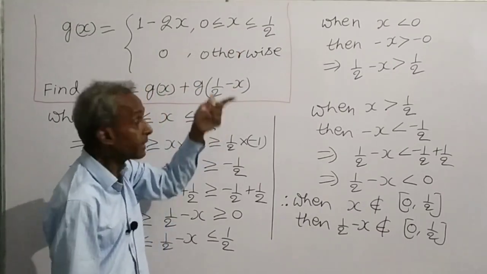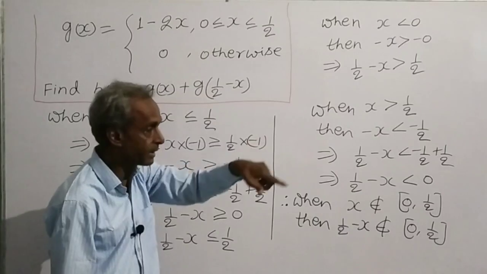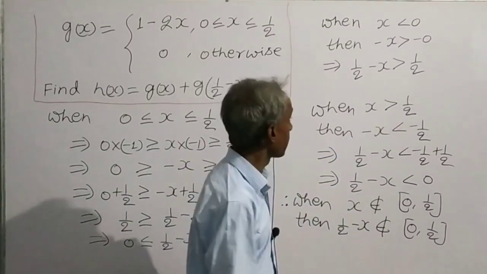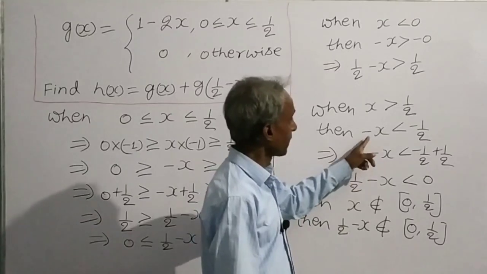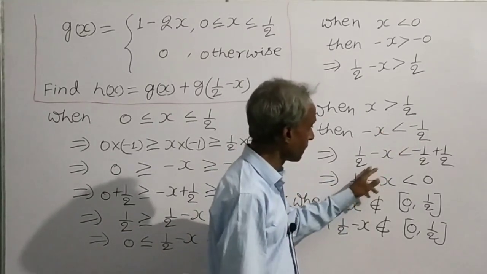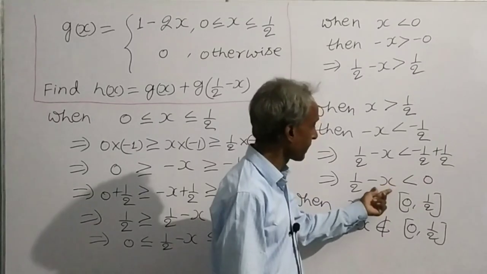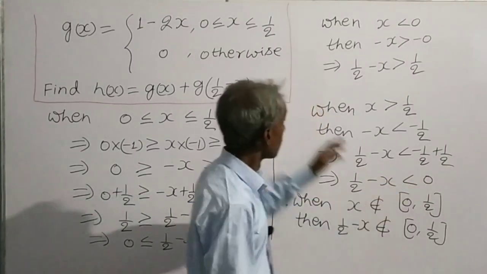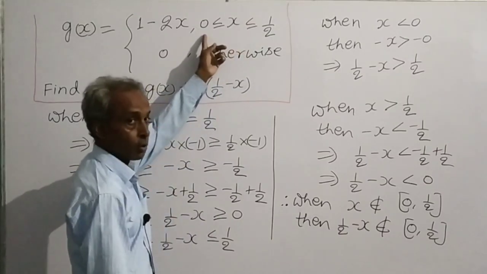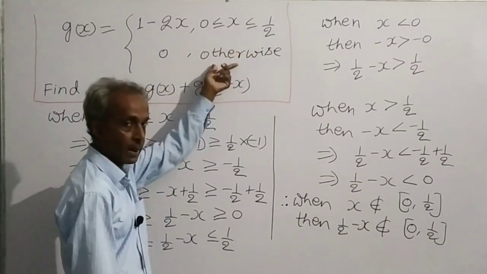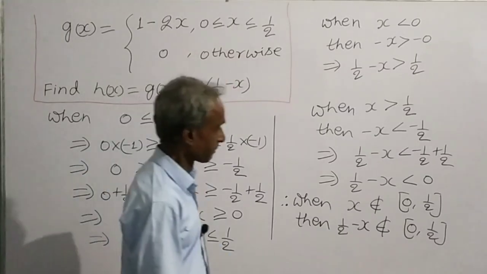That means in otherwise interval. When x is greater than 1/2, after multiplying by minus 1, we get this. After adding 1/2, we get this result, less than 0, also not in this interval, that means in otherwise interval.